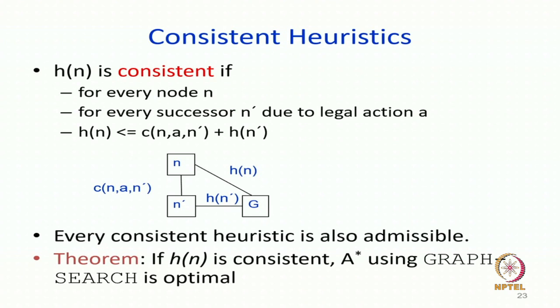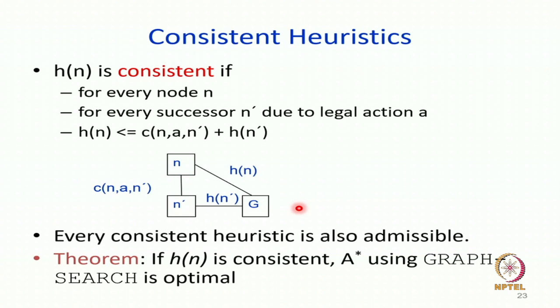And H(n) is consistent if for every node n and for every successor n prime due to some action A, the triangular inequality is satisfied, which basically means that the estimated cost from n to the goal is less than or equal to the actual cost that you pay right now when going from n to n prime, plus the estimated cost from n prime to the goal.